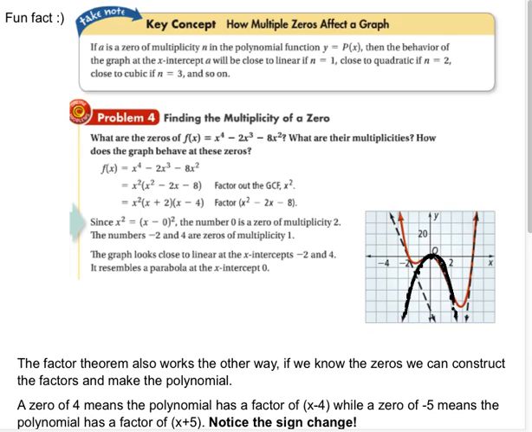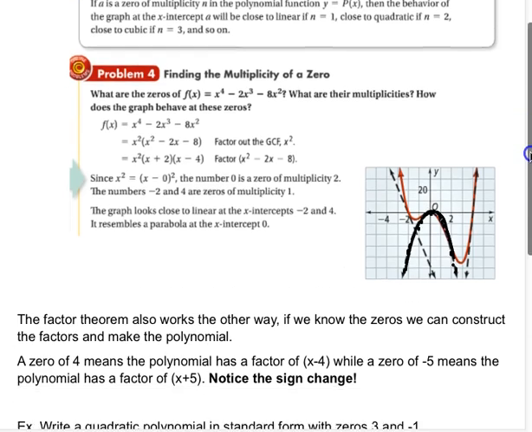So around that 0, the polynomial would take on the features of the graph of that multiplicity. So a multiplicity of 2 is going to take on the form of a quadratic near that 0. Now, that's not something that you have to really know per se for the test. It's just something I think is a fun fact to share with you. These multiplicities are affecting the graphs.